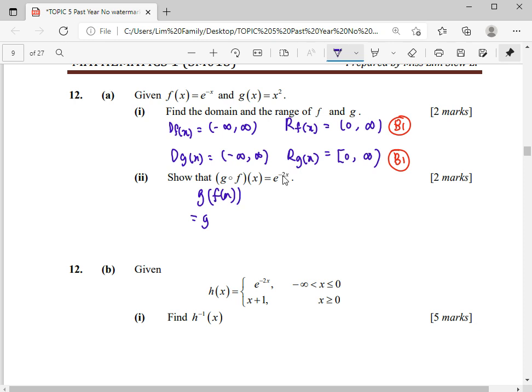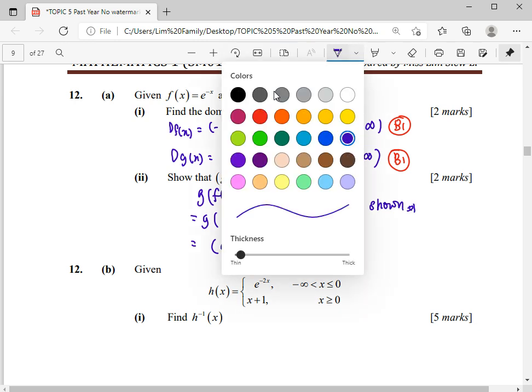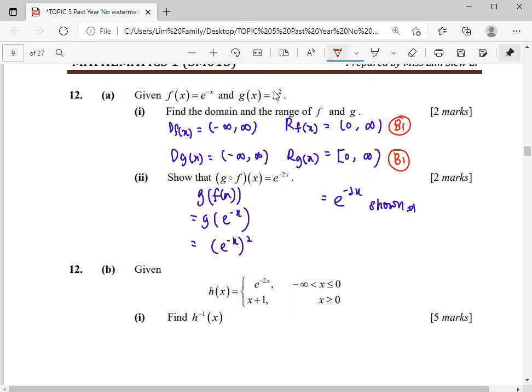Substitute your f(x), and then substitute this e^(-x) into the x part here. Shown also. So this is our composite concept and answer.